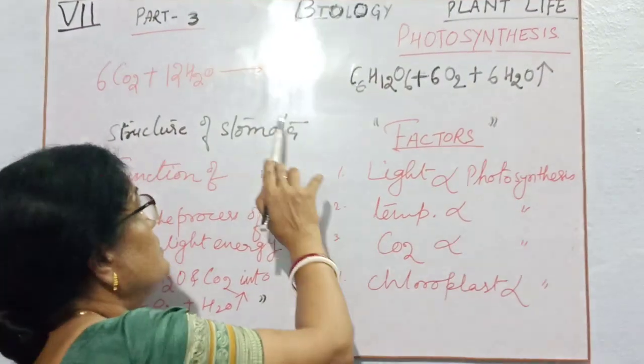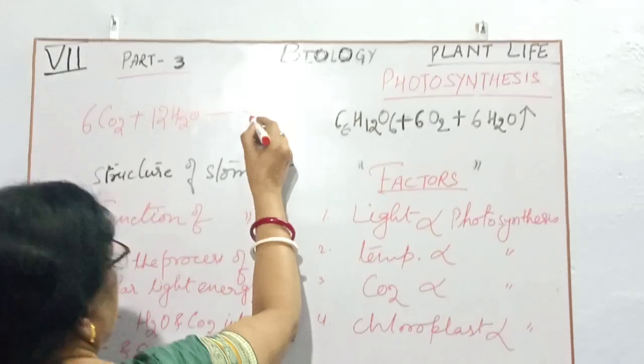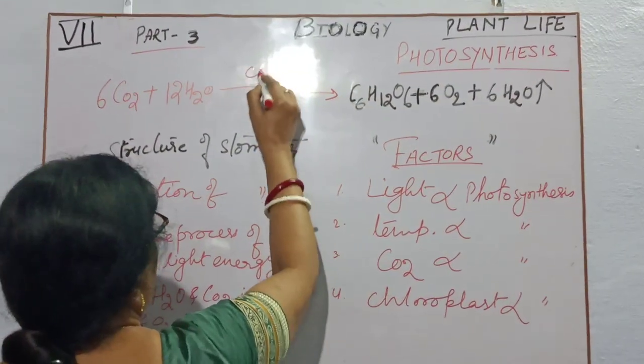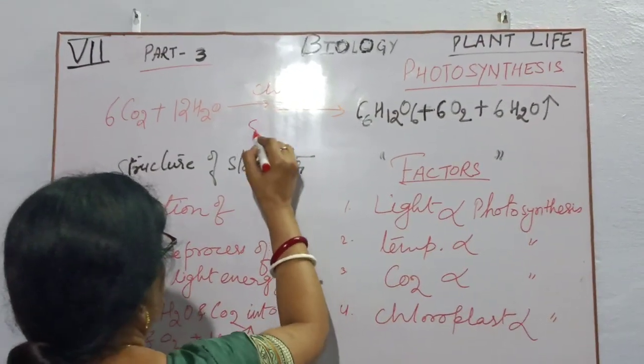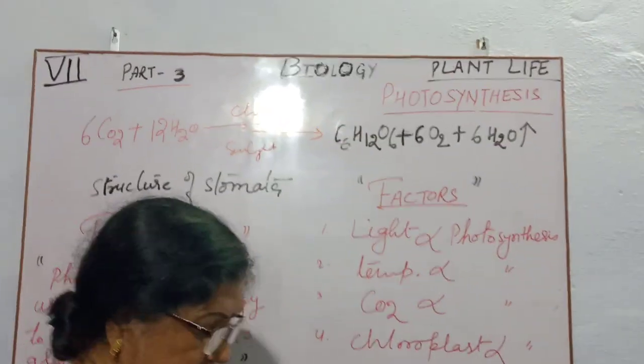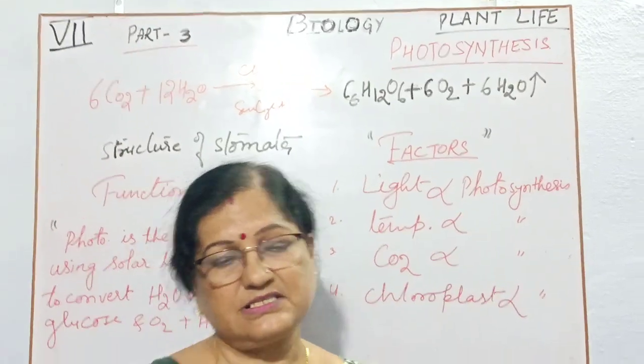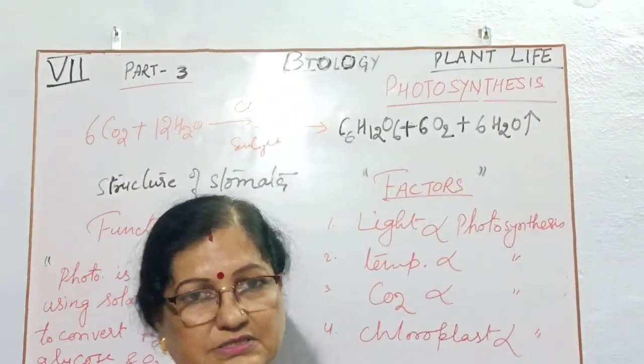So, chlorophyll and sunlight are needed here. Chlorophyll is the green pigment present in the chloroplast and it is very necessary for photosynthesis.